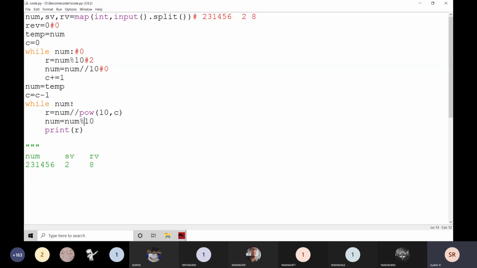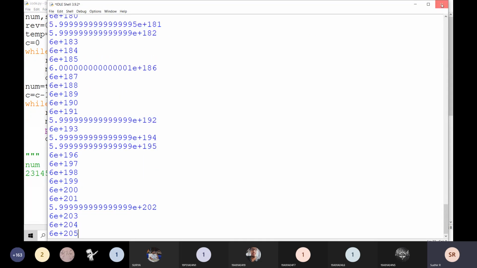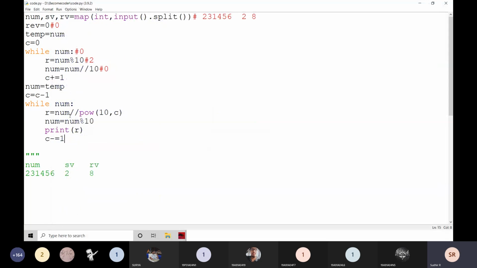Number is equal to, then C minus is equal to 1. C minus is equal to 1. Just again I am going to write it. Big values. Number is equal to number mod.